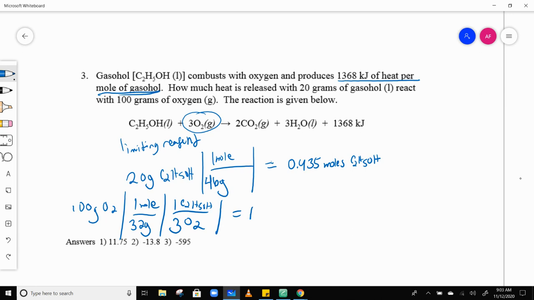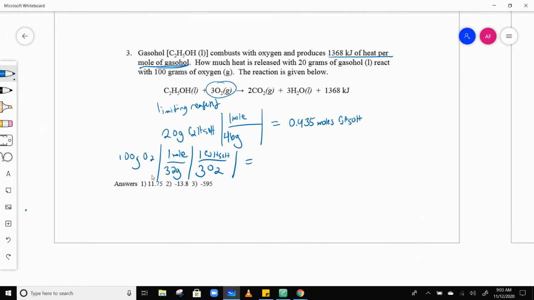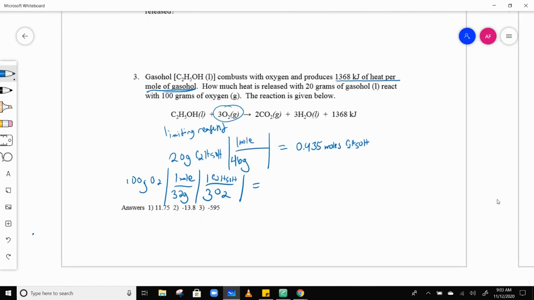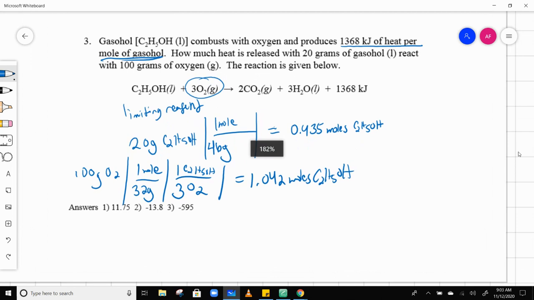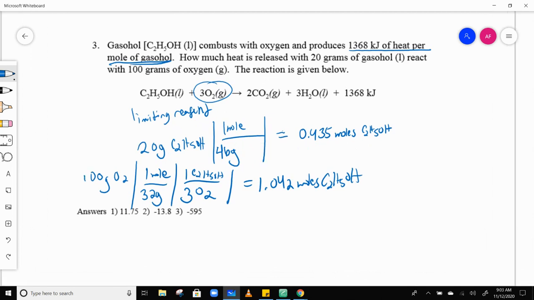So here I get 1.042 moles of C2H5OH. So basically what is going on here is that I have enough oxygen to react with this much C2H5OH, but I only have this much C2H5OH. So the oxygen is going to be in excess.